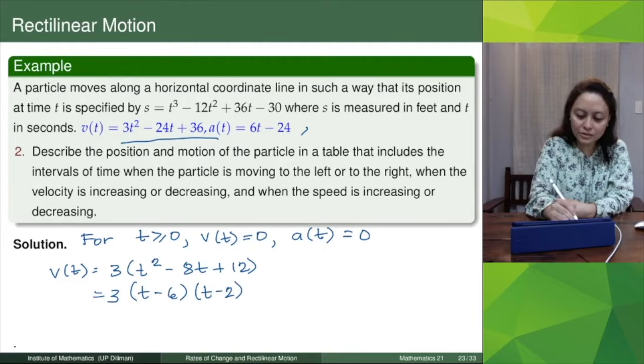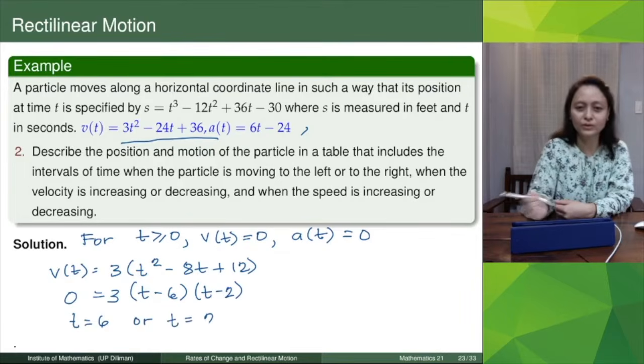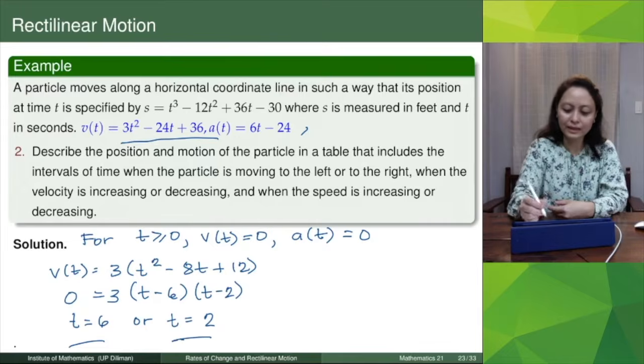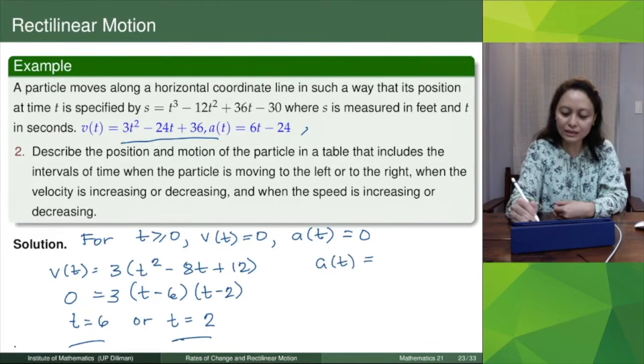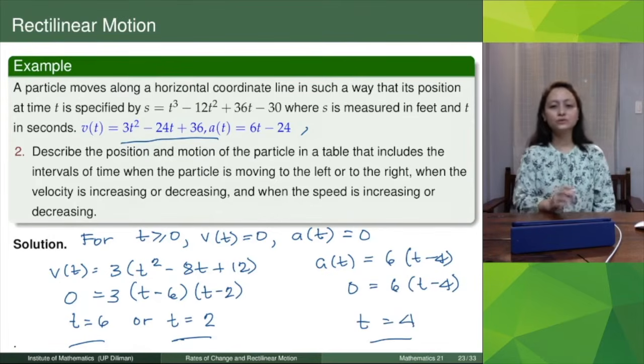Okay, if you equate this to 0, you get t equals 6 or t equals 2. Okay, pareho naman silang positive. So, we include these in the table. Next, when is your acceleration equal to 0? So, a of t, if you factor out 6, you get t minus 4. Equating this to 0, you get 6 times t minus 4 or t equals 4. Okay, so you also include 4 sa table.